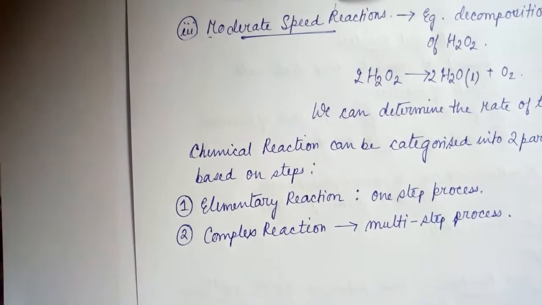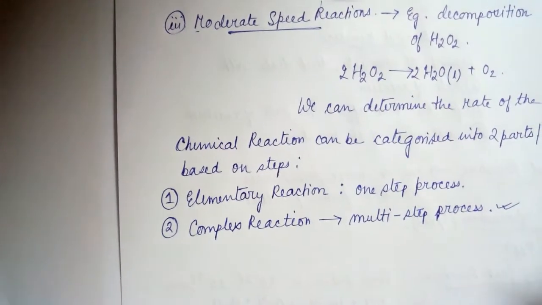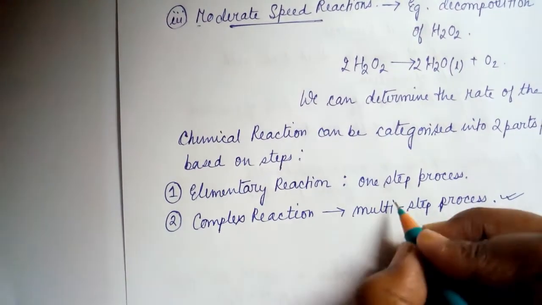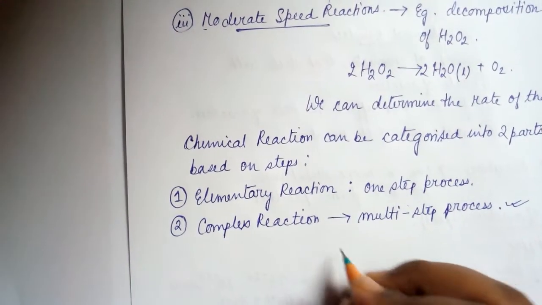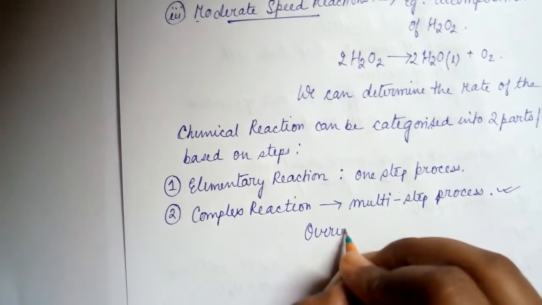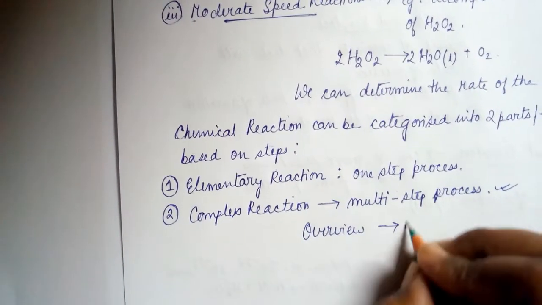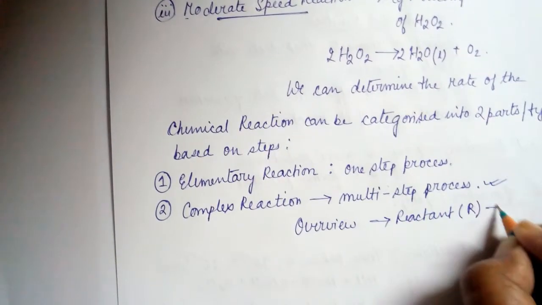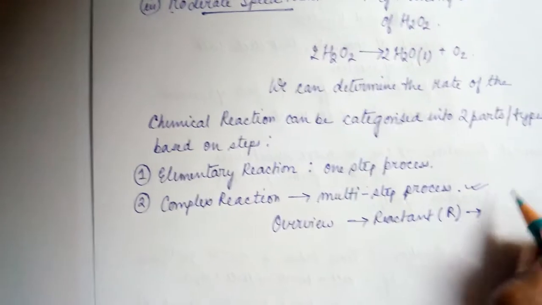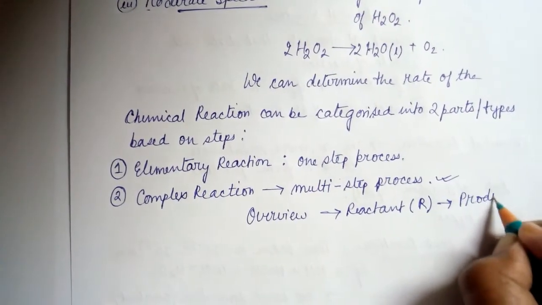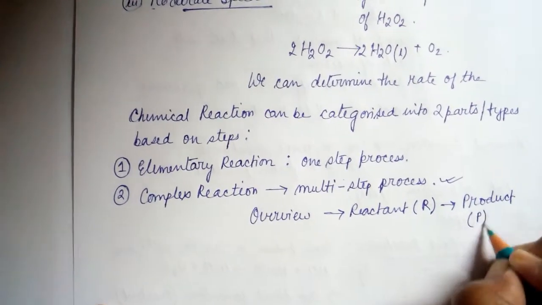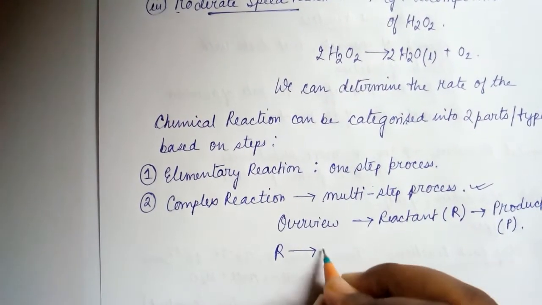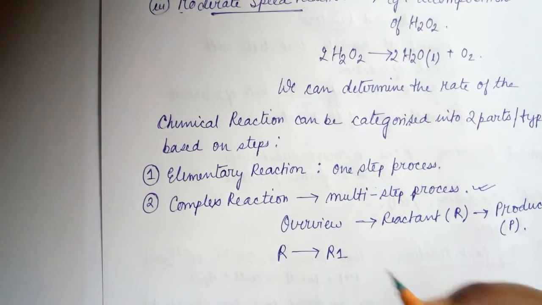Okay. So actually we'll talk about this type of reaction because it has a determining step, that is the slow step, and the fast step, which actually determine the rate of the reactions. A basic overview of this type of reaction: suppose the reactant is R and the product is P. The basic reaction flows like R to an intermediate product R1.